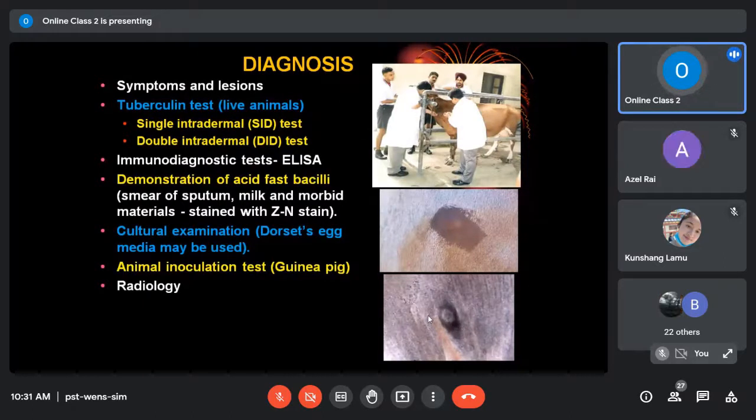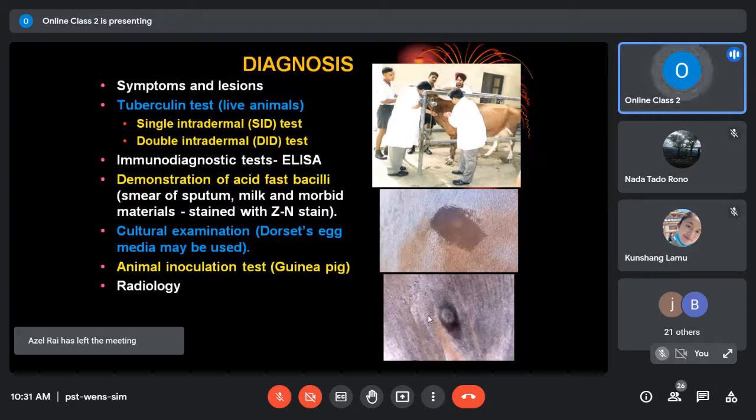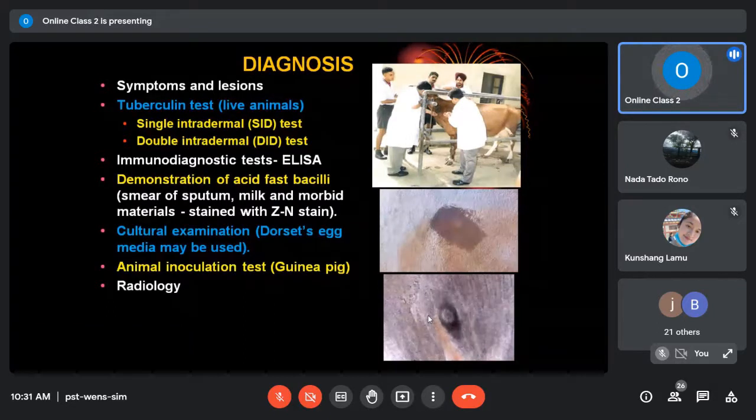as well as the lesions, the tubercles and tubercular nodular lesions. Then in live animals, we can conduct a test known as the tuberculin test. Two different types are there: single intradermal and double intradermal tuberculin test. I think you might have learned in detail about this technique in microbiology and bacteriology, so I will not go into details.